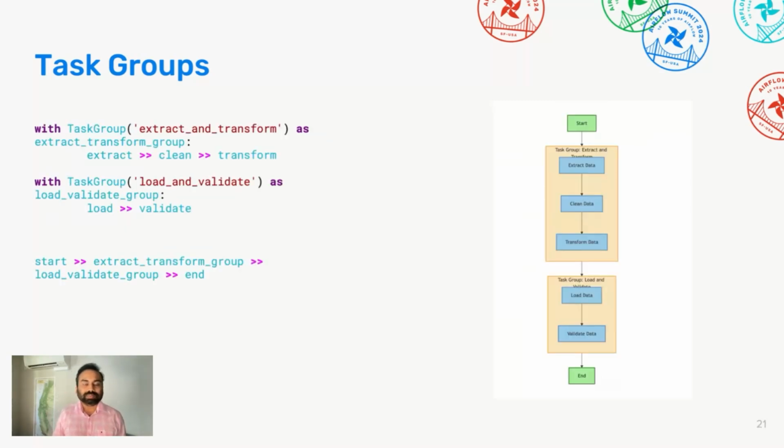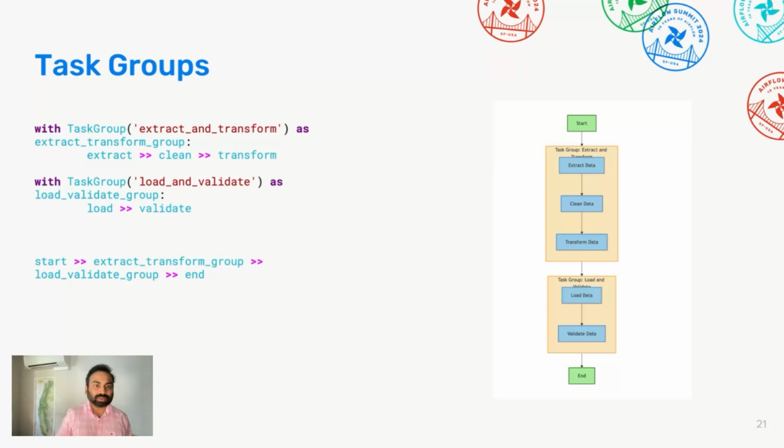This is one more example where we have a group of ETL jobs as well as load and validate tasks. We can group them into different task groups, and then we can directly define the dependency, like the start, task group 1, task group 2, and end. We can abstract out the task groups as they are logically connected.